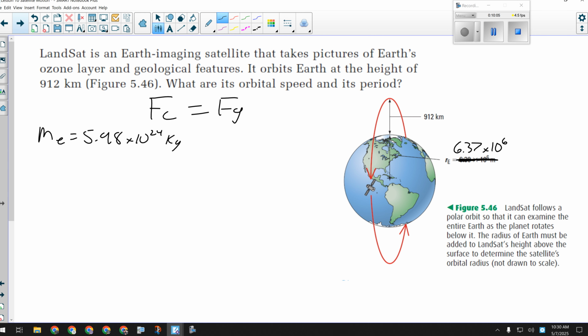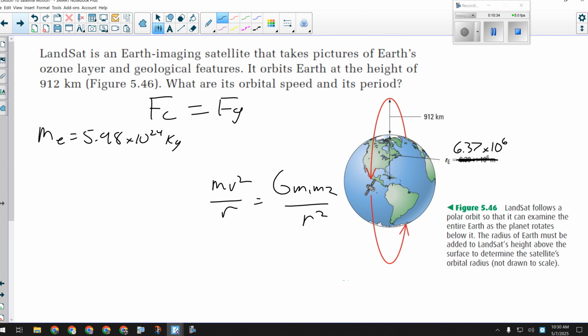The other thing they tell me is how far above the surface this thing orbits. Is that part of this formula? If I'm plugging this in where I've got mv squared over r, and I've got big G times m1 times m2 over r squared, what does r mean?